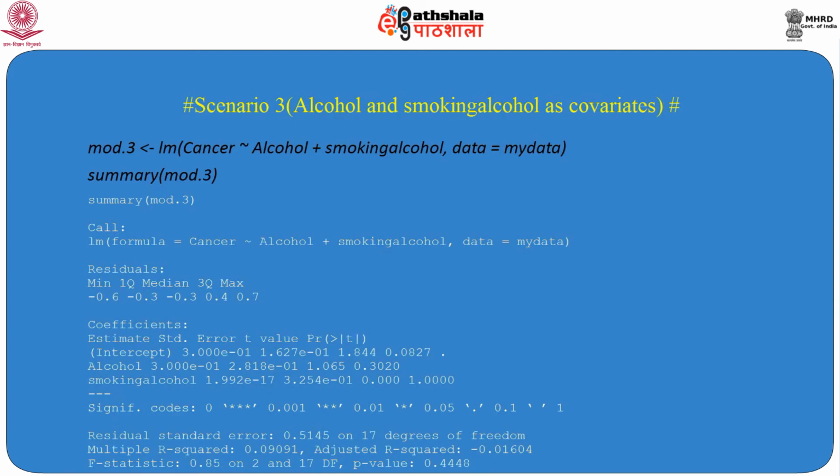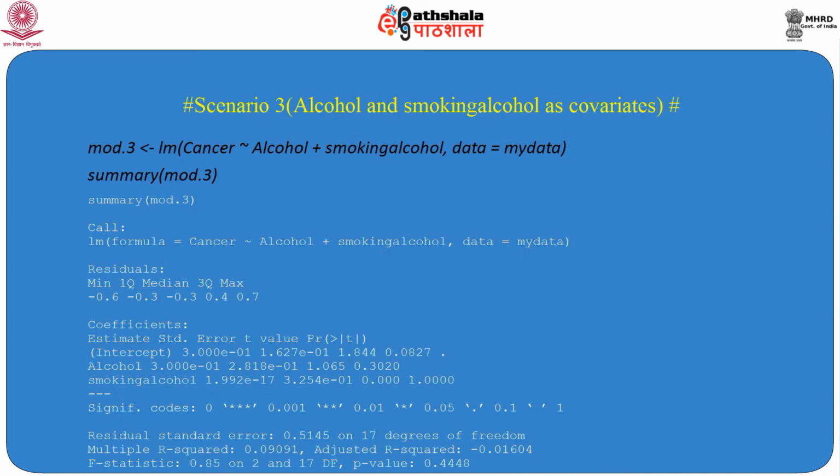So it is to be noted that if we find that alcohol and smoking have significant p values, in that scenario we may go further to check this confounding factor. But when we don't get a significant p value, going further to find the confounding factor should not be advised, but here just for illustration purposes we are showing.